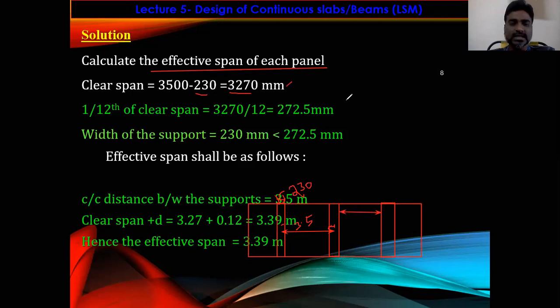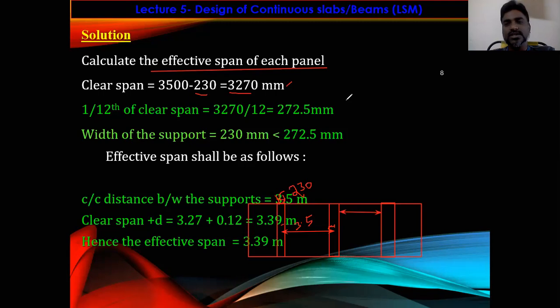And as I told earlier, for continuous slabs, the effective span calculation depends upon the width of the support. So as per IS 456, if the width of the support is less than 1/12 of the clear span, then the effective span can be calculated same as your simply supported beam or slab. If it is greater than 1/12 of the clear span or 600 mm, whichever is less, the calculation method is different, right?